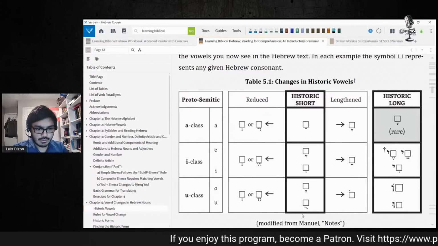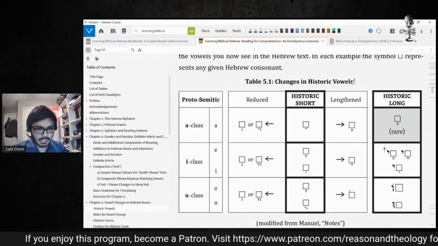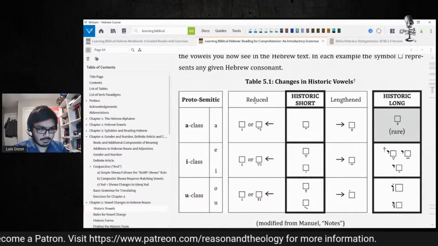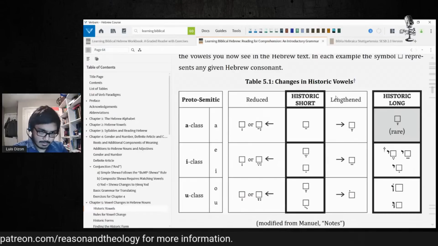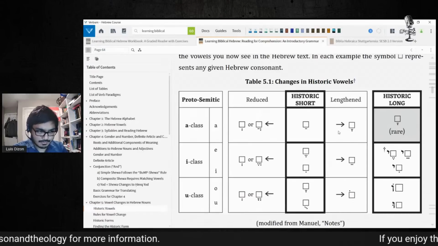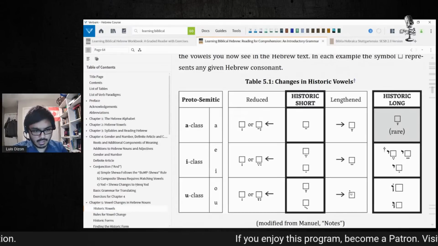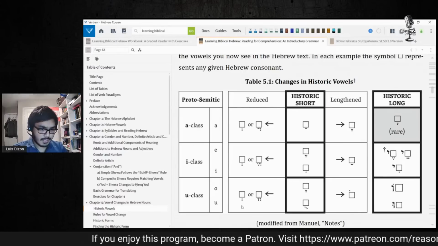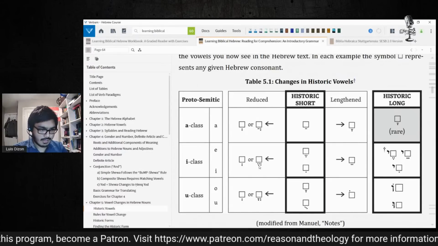A historic short vowel is one that, depending on the conjugation of the word, becomes either reduced or lengthened. When it becomes lengthened, it becomes a long vowel, a long vowel in this context being a kametz, a tsere, or a cholem. Reduced would be basically a shva or a shva with one of these vowels.